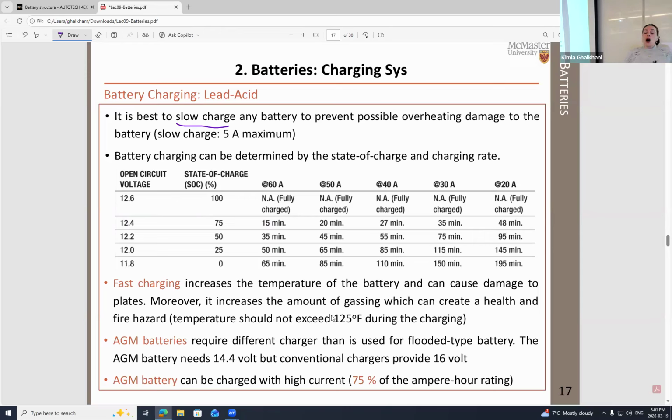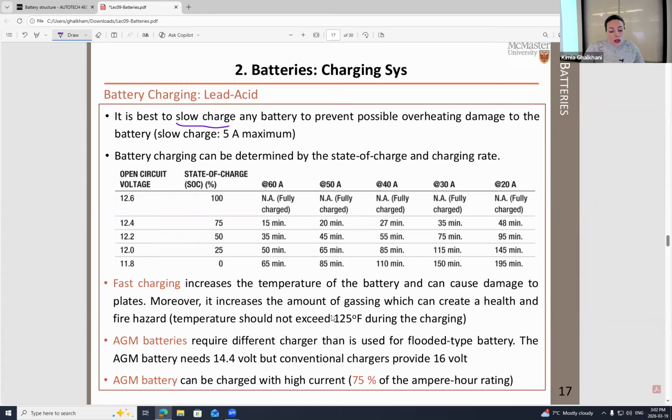Since fast charging always means high temperature, we are speeding up the chemical reaction. Therefore, the battery or the material inside the battery must be able to tolerate high temperature without any safety concern. So I would say lead acid may not be the best choice for the electric vehicle application because we need to consider the heat generation and all of the damages.